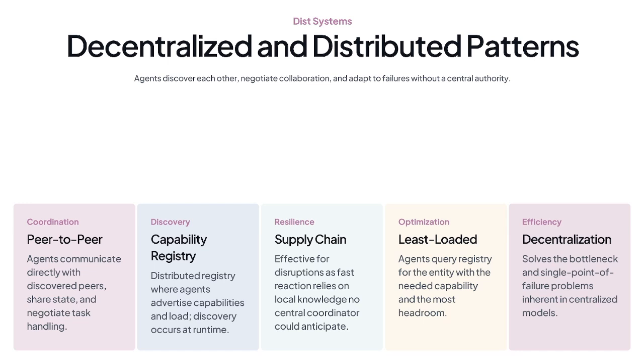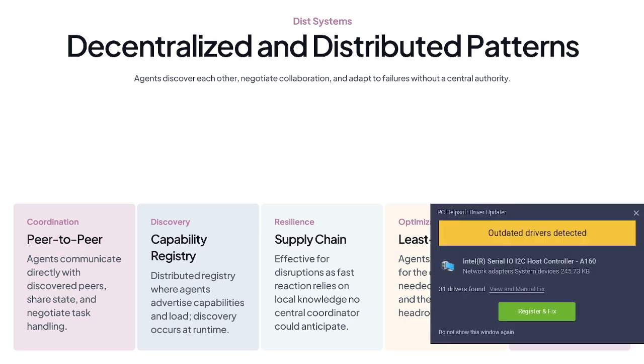Then we have efficiency. Decentralization solves the bottleneck and single point of failure problem that is inherited from the centralized model. So this is very, very efficient, but it can result in problems if it is not well programmed, and it can be expensive if you don't plan the design very well. The decentralized orchestration pattern is good when the central orchestrator becomes a bottleneck.